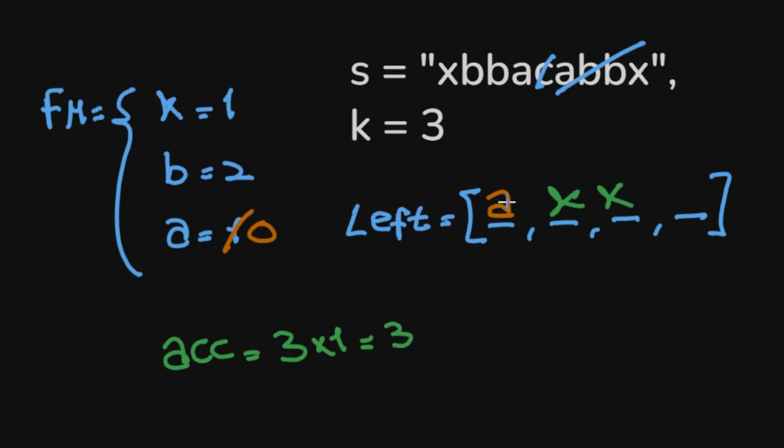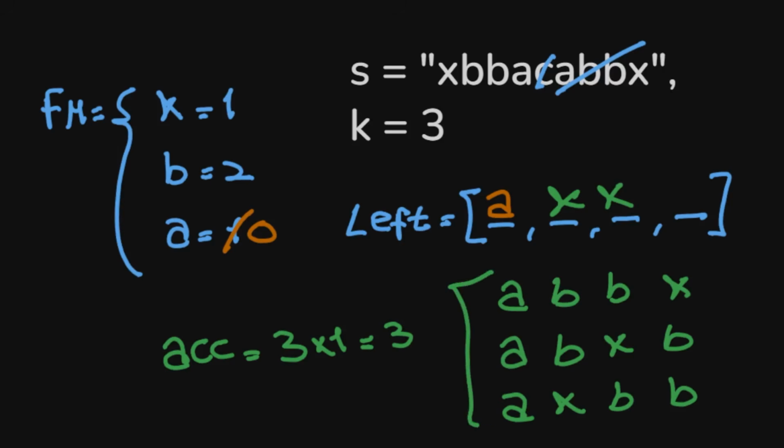And this means that if we decide to start with A, there are 3 possible permutations. These 3 permutations are ABBX, ABXB, and AXBB. And given that this number is a 3, and we are looking for the third lexicographically smallest permutation, this means that here we have to start with A and continue with the next position.